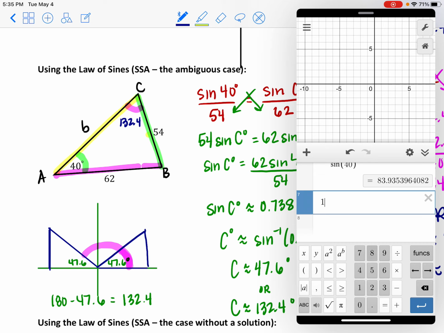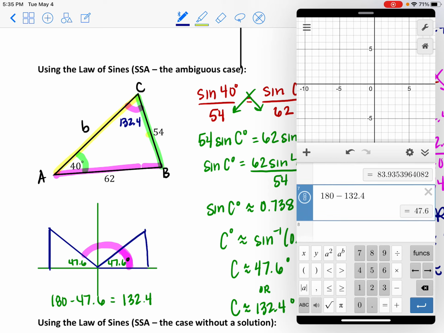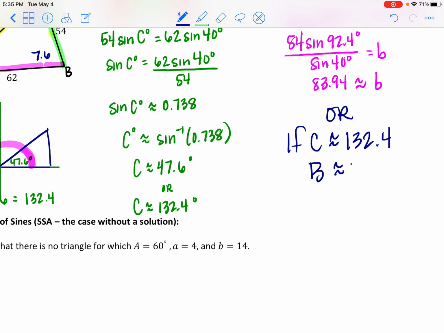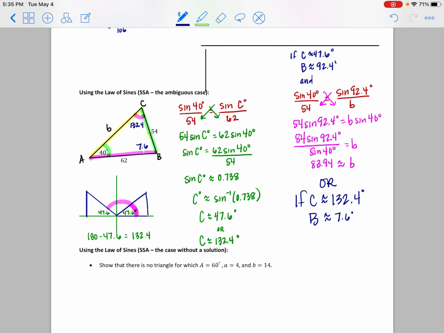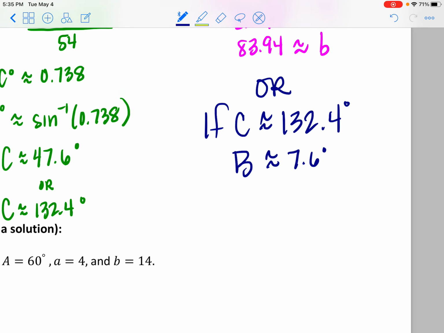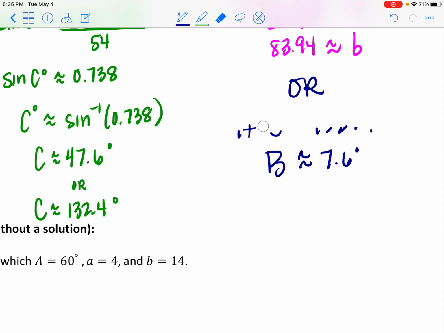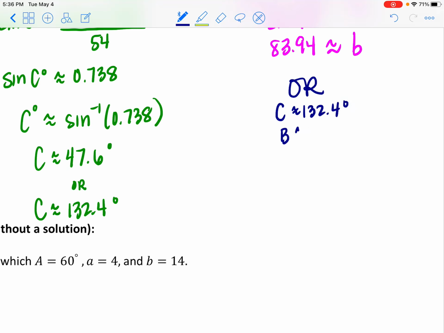If we had 180 degrees total, we took out the 132.4, and we took out the 40, all that's left is 7.6 degrees for that angle. So B would have to be 7.6 degrees. I hope I'm putting my degree symbols everywhere. Sometimes I forget those. Now this is all huge because I zoomed out. If C is approximately 132.4 degrees, then B would be approximately 7.6 degrees.